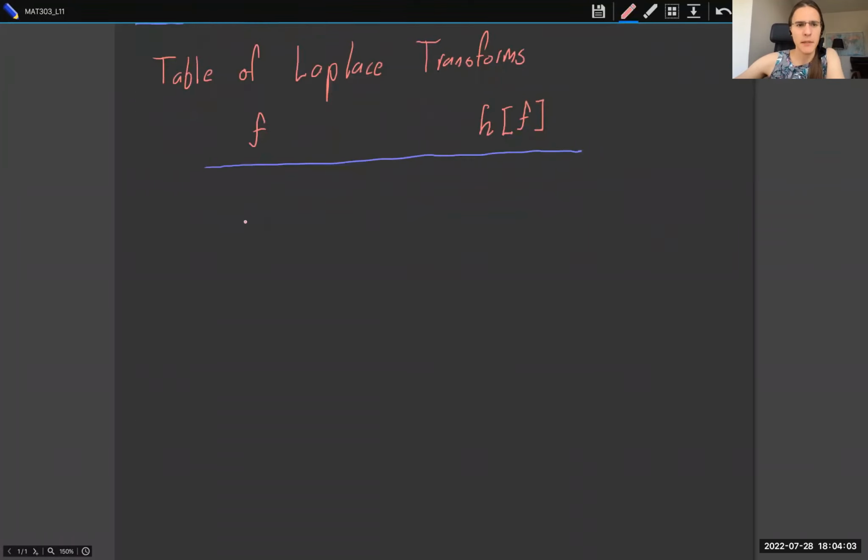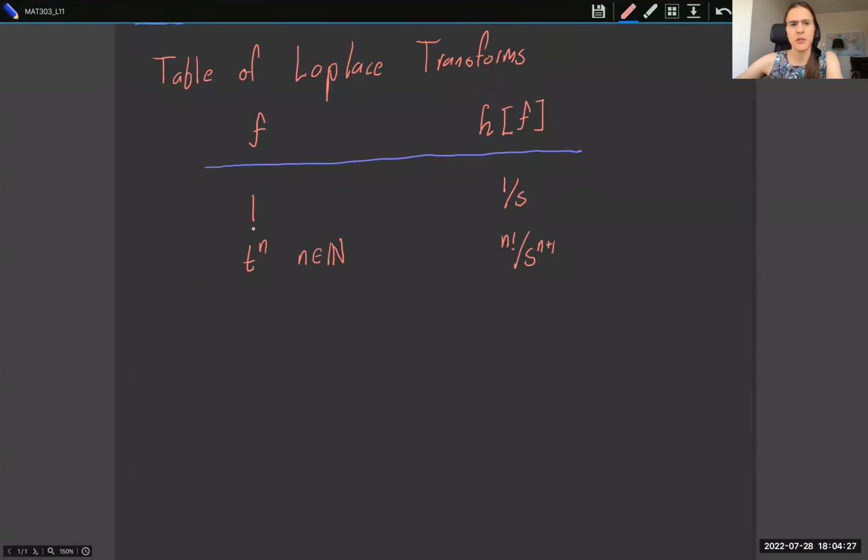So the first example that we did is if we have the function 1, its transform is 1 over s. And then there are two different generalizations of this. If we have the function t to the n, for n a natural number, then we have the transform n factorial divided by s to the n plus 1.